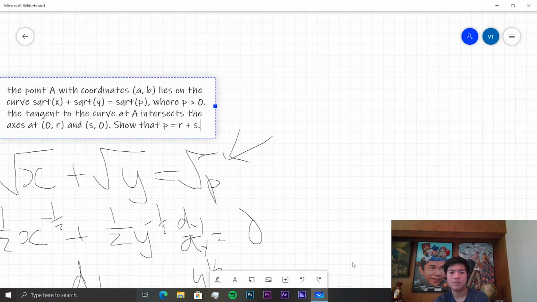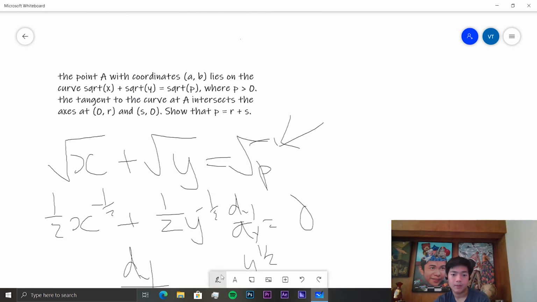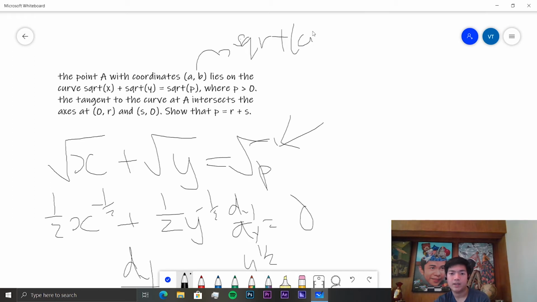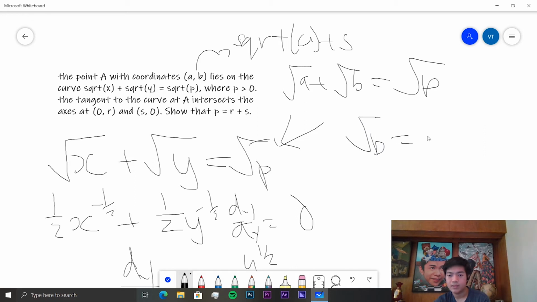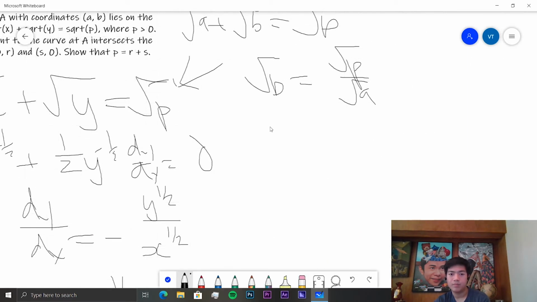And we want to remember that we can express these coordinates, at least one of them, in terms of the other. So we have square root a plus root b is equal to root p. So root b is equal to root p minus root a.